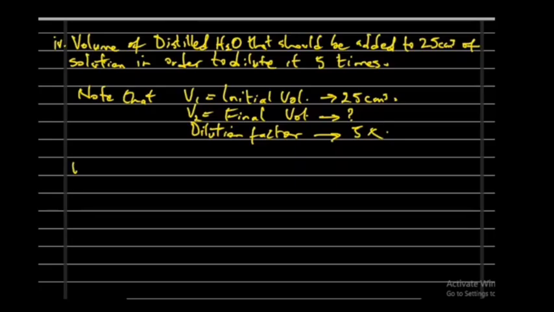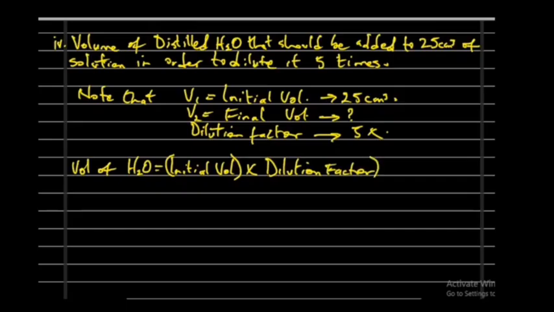So volume of H2O equals initial volume multiplied by dilution factor, minus initial volume.